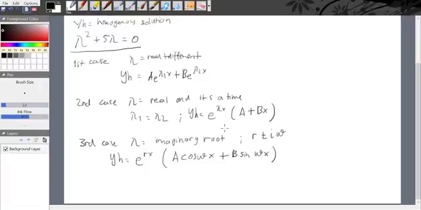So there are three cases depending on what equation you have over here.